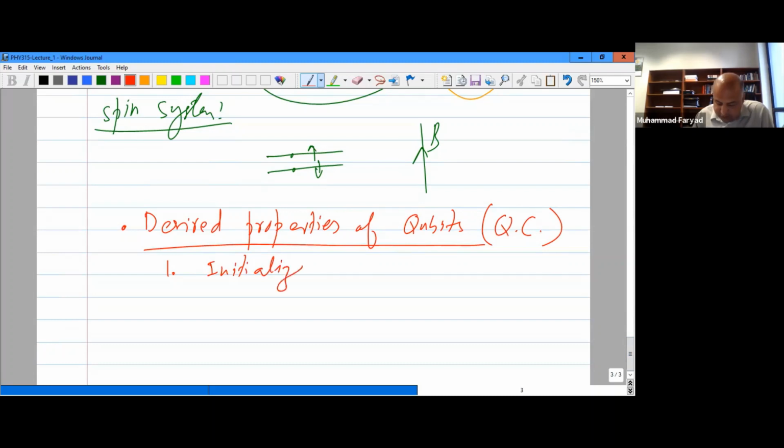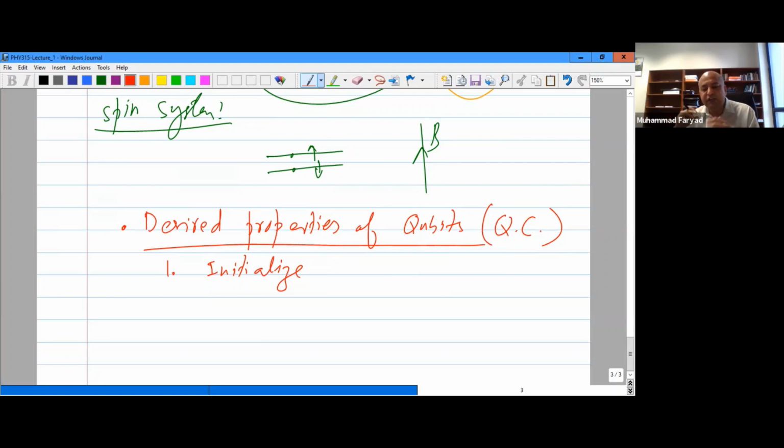initialize our qubits. For example, when we turn on our quantum computers, we should have a way of starting all of the qubits. So whenever I use the word qubit, I hope you bring the 2-level energy system to your mind, and there can be multiple qubits in one quantum computer, and we will see later that more qubits mean a more powerful quantum computer.